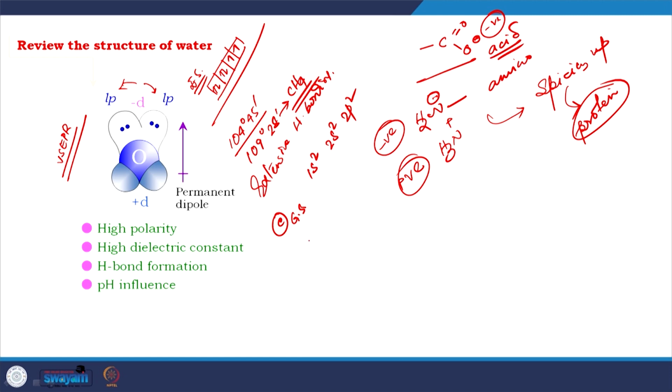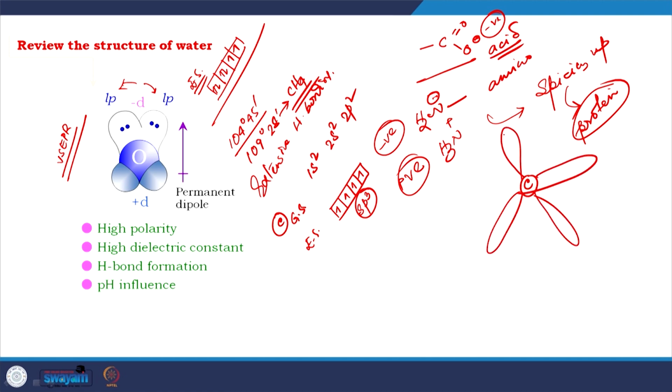In the excited state, it has four unpaired electrons and forms 4 sp3 orbitals, which are giving a perfect tetrahedron and forming methane.